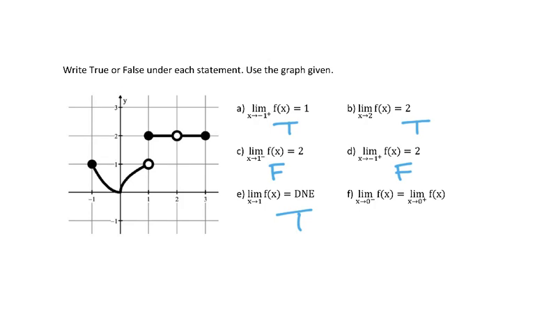We're looking at 0 here, and if I'm coming from the left side, it's approaching a y value of 0. Now what's happening from the right side? If I'm coming from the right side, it's also approaching a y value of 0. So in this case, the limit from the left does equal the limit from the right. So that is also a true statement.